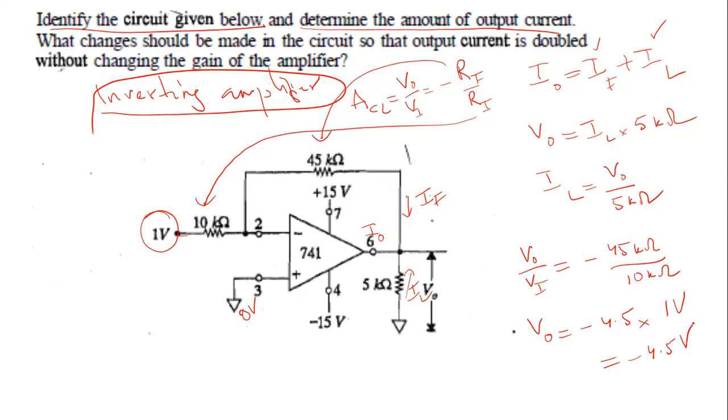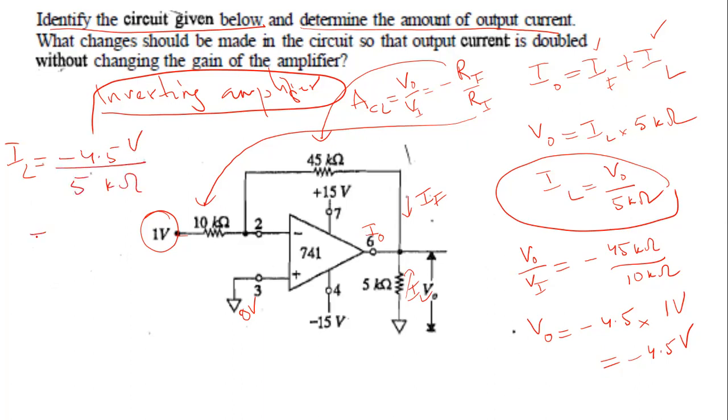So your output voltage will be minus 4.5 volt. From this you can calculate your load current IL. IL will be minus of 4.5 volt upon 5 kilo ohm.